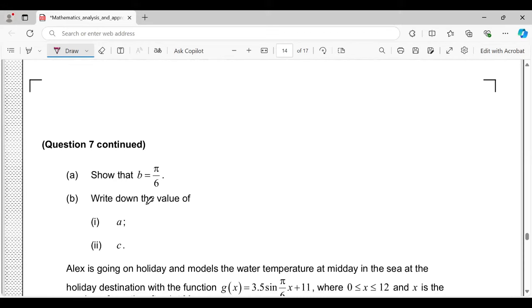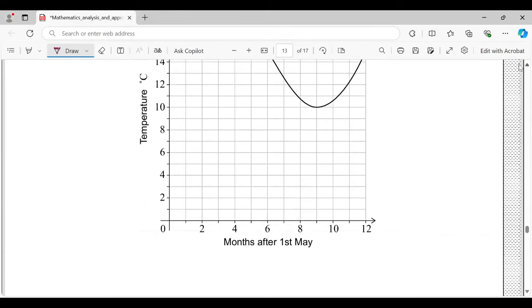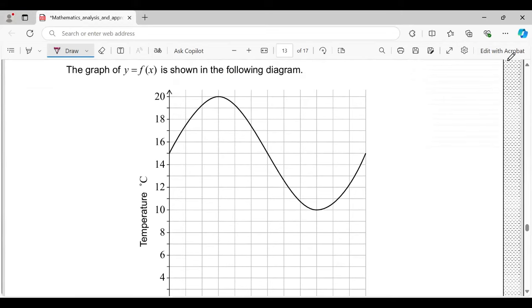So write down the value of a. Okay. So the function is f(x) equals a sine(bx) plus c. So we determine a based on the height of this wave. If we create a straight line here, this is the height.